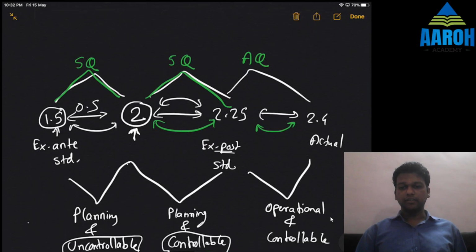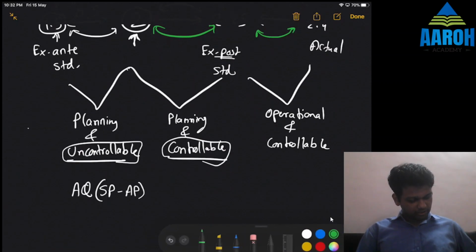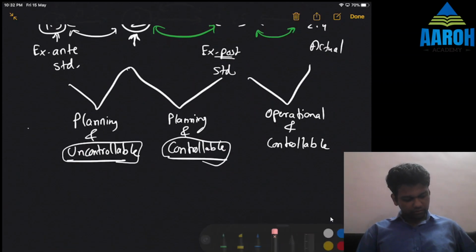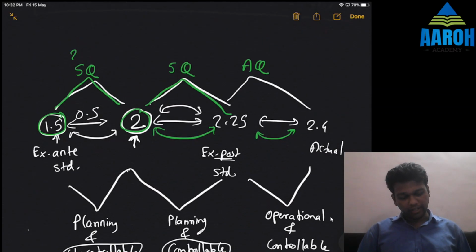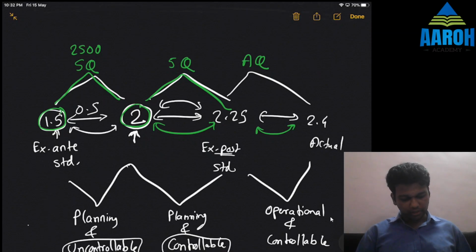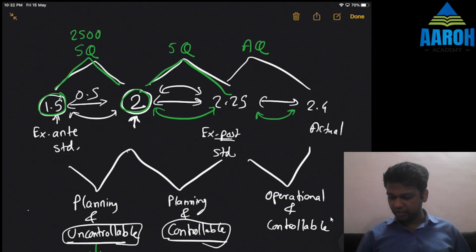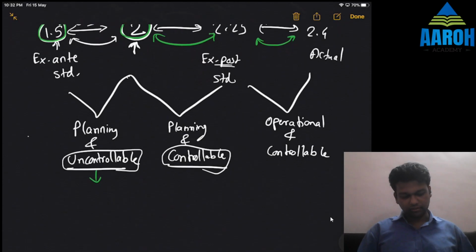Okay, so let's calculate the variances. Let me erase this formula. Planning and uncontrollable will be 1.5 minus 2 multiplied by standard quantity, which was 2500. So 1.5 minus 2 into 2500, how much is that? 0.5 into 2500, 1250, right?